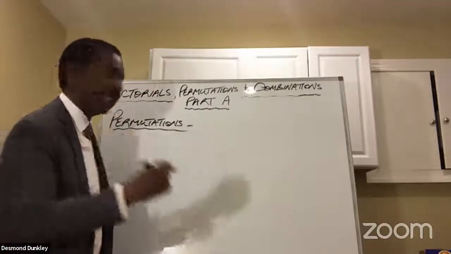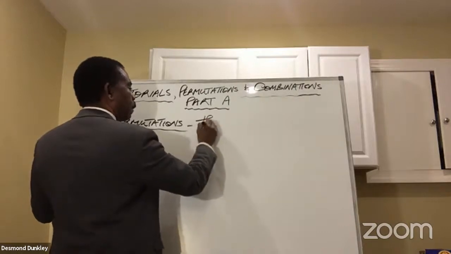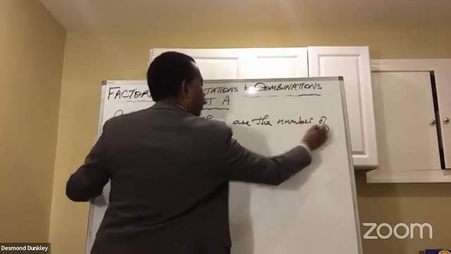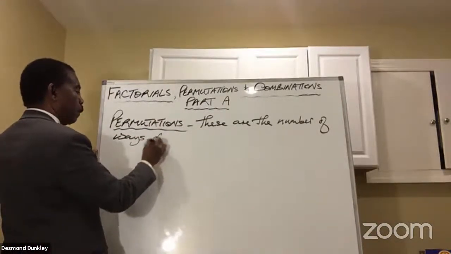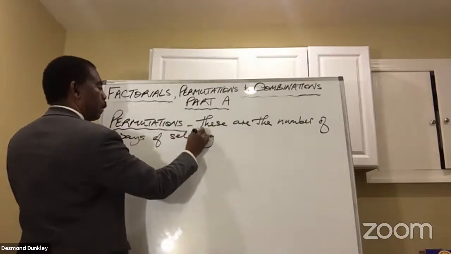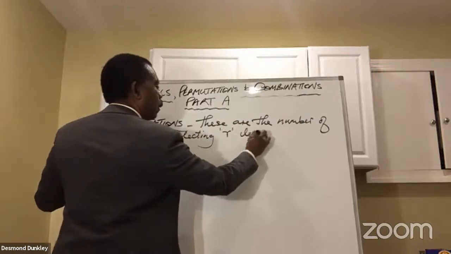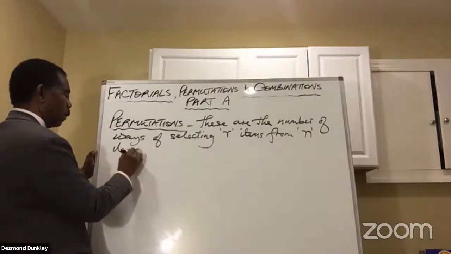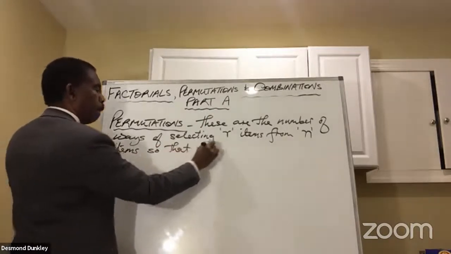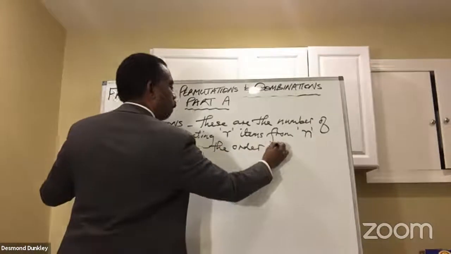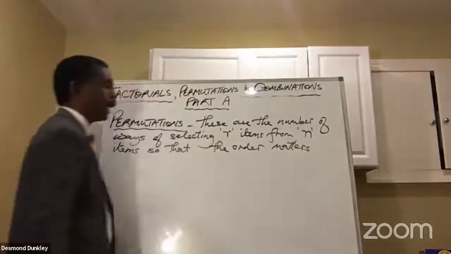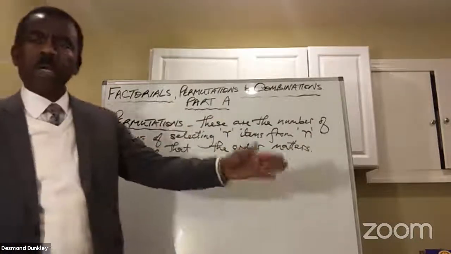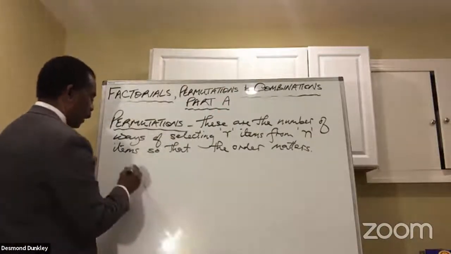First, I'll give you the definition, and then we'll do some examples. Again, these are the number of ways of selecting a portion from a larger group in such a way that the order matters.